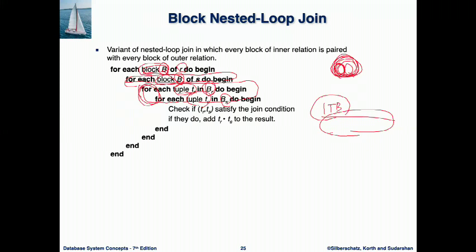So at a very high level, you have 2 for loops as before, but not at the record level, but at the block level. And then for each combination of blocks, one from each relation, you consider all possible combinations of records or tuples.